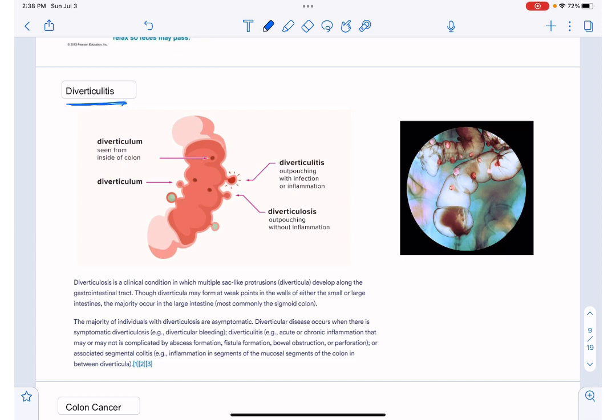So first of all, a diverticulosis is an abnormal pocket or outpouching of the large intestine. And most of the time, this is asymptomatic. It doesn't result in any symptoms. But there is the possibility that these pouches become infected, in which case it results in diverticulitis, inflammation of these diverticula.